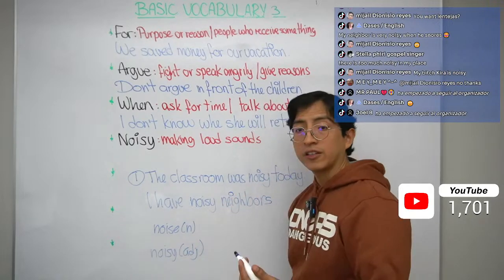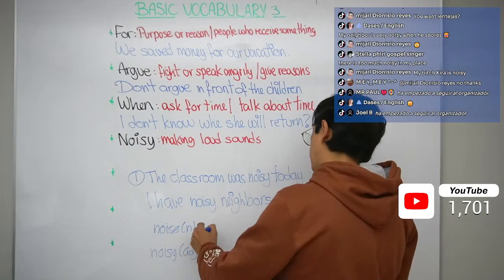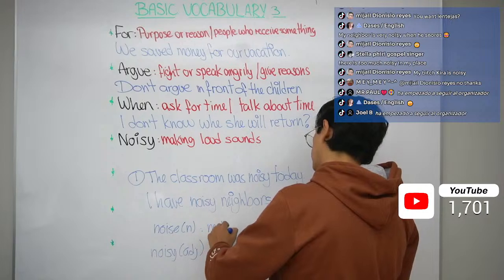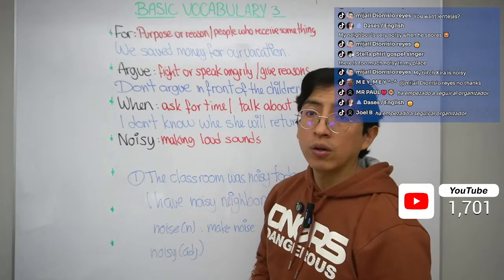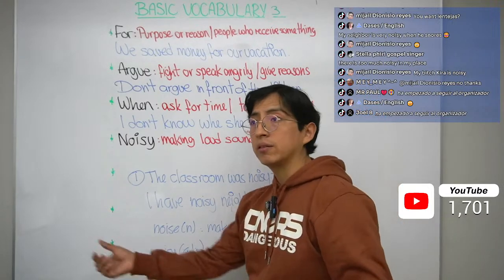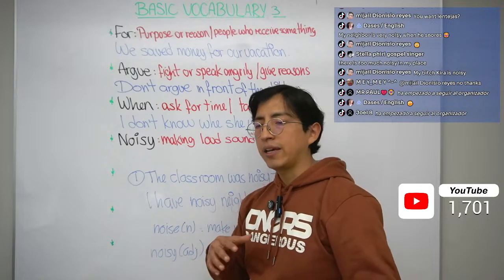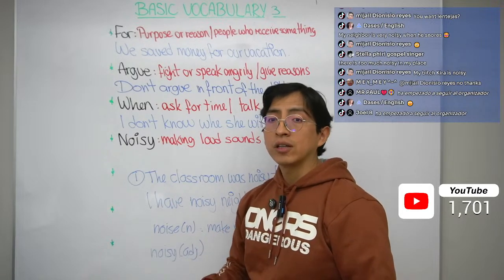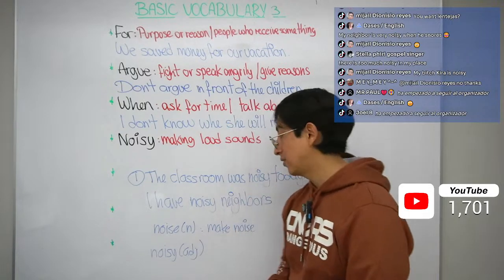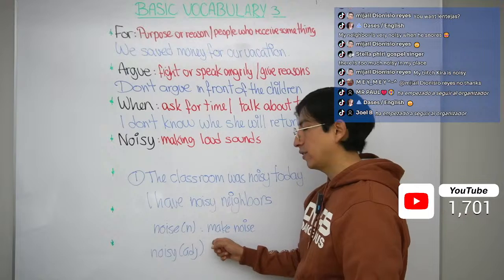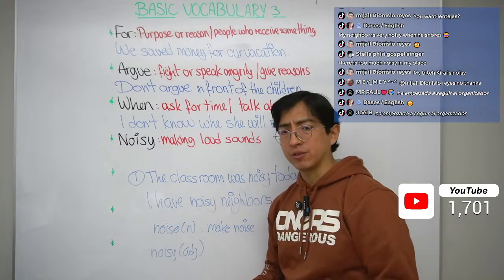So you can say, for example, make noise. If you are listening to your children, they are playing, they are running, you can say, stop making noise. Or you can say, please, you are making a lot of noise.